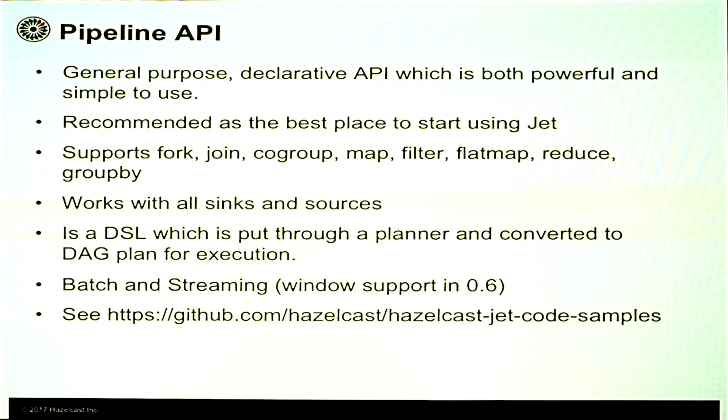Then we have the Pipeline API, which is again kind of similar. It's basically a DSL, which is put through a planner and also converts to a DAG. It has extra things like join, co-group, and group by, and we envision this to be a good API to start with JET.